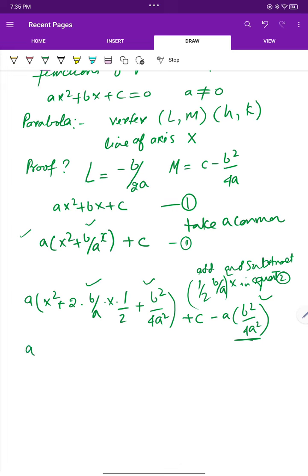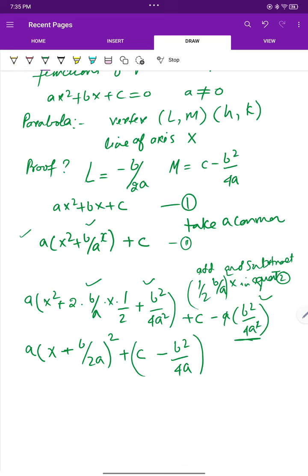So now we can write a(x + b/2a)² plus c. This a is finished with this one, so c − b²/4a is another term.